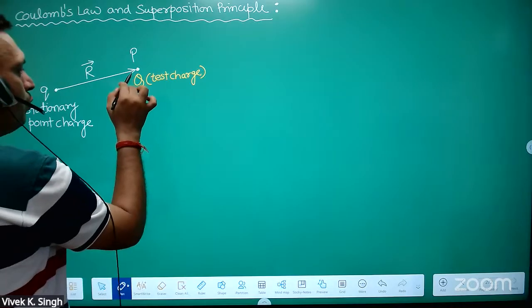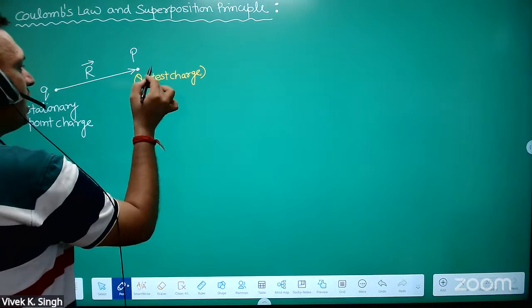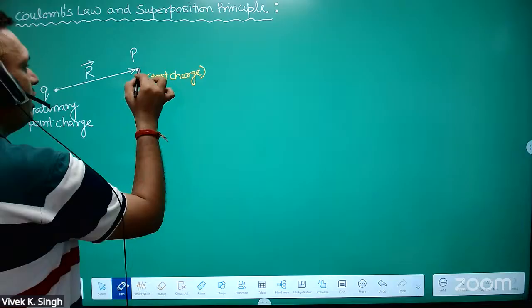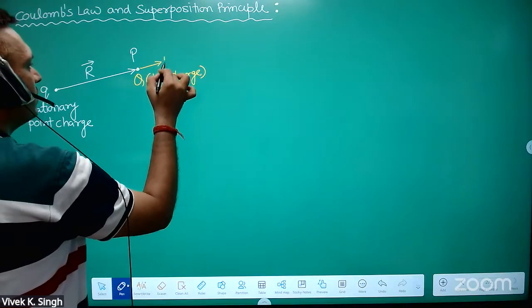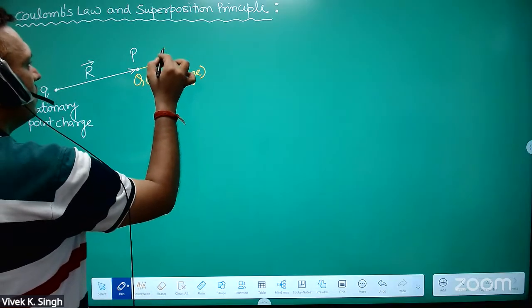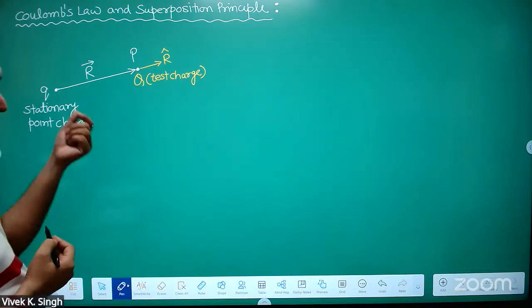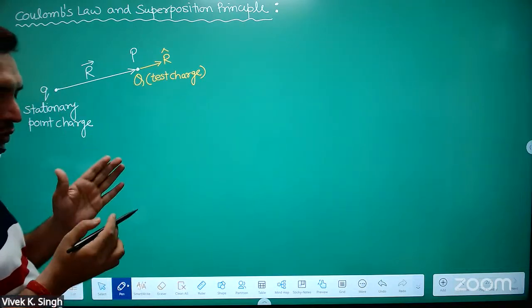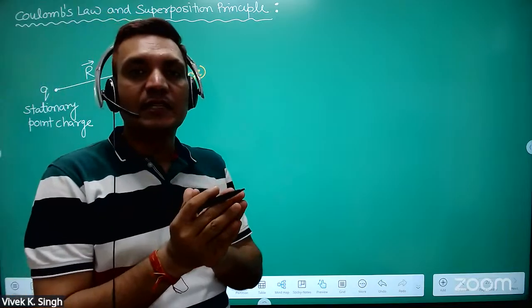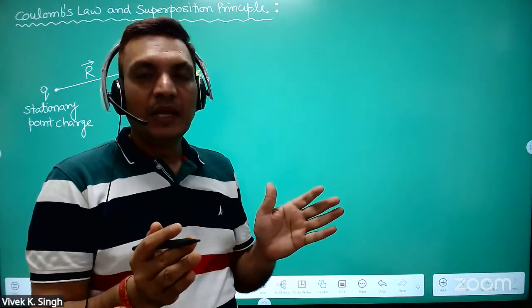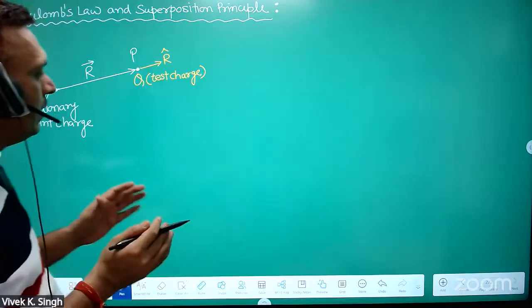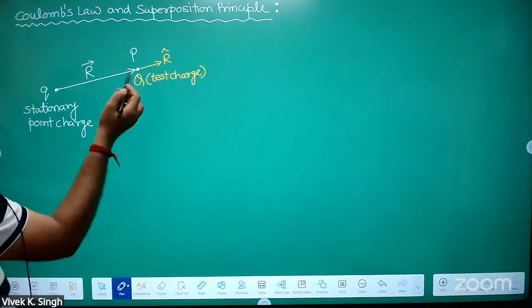So what will be the force experienced by the test charge? If charges are of the same sign, this will experience force in this direction. Like charges repel each other and unlike charges attract each other. So both are positive.